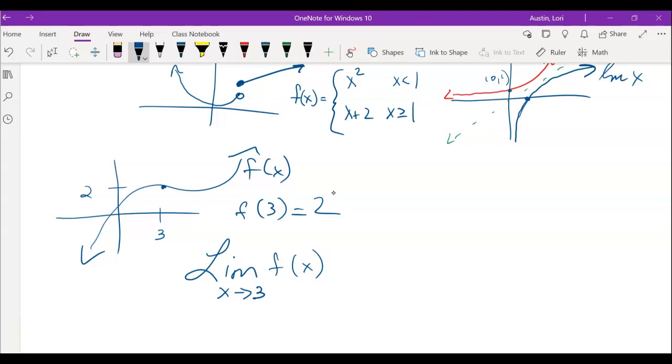So in other words, if I am going to look at a limit as x approaches 3, a couple things I actually have to do. I have to ask what's happening as I approach from the left. So that's the limit as x approaches 3 from the left. Do you see the little negative sign I put above the 3? That's a new notation you're going to get used to.